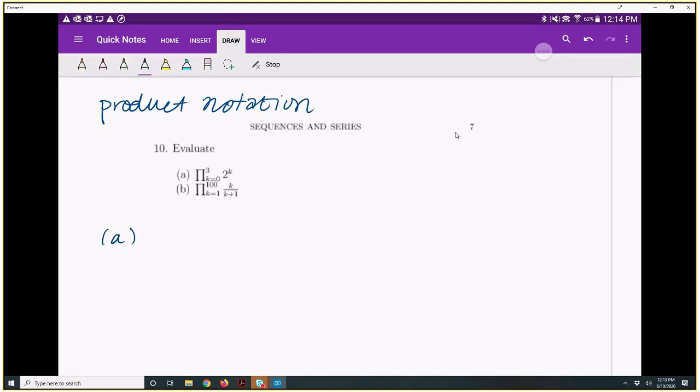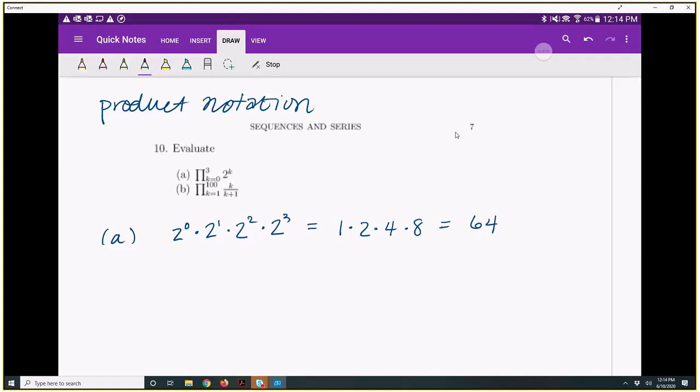The first one is the product, with the index k running from 0 to 3, of 2 to the k. So this should be 2 to the 0, but instead of adding, we're multiplying, multiplied with 2 to the 1, multiplied with 2 squared, multiplied with 2 cubed. So that's 1 times 2 times 4 times 8, and that's 64.